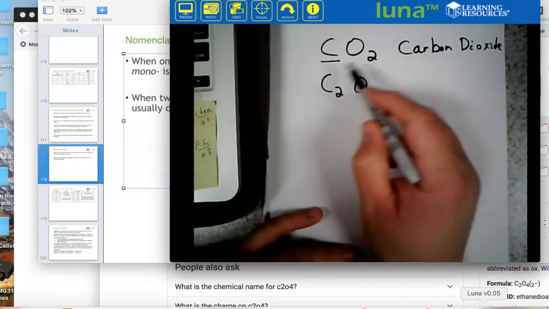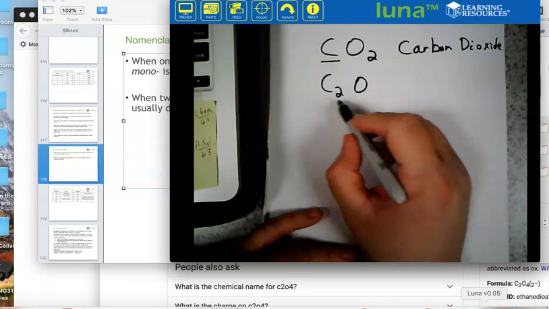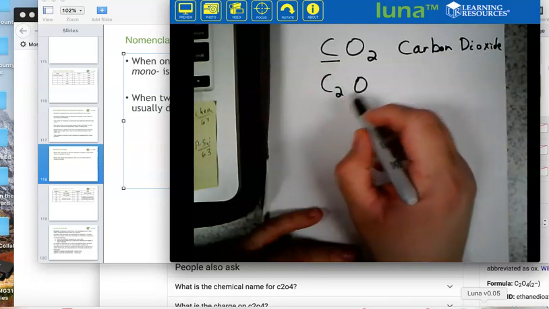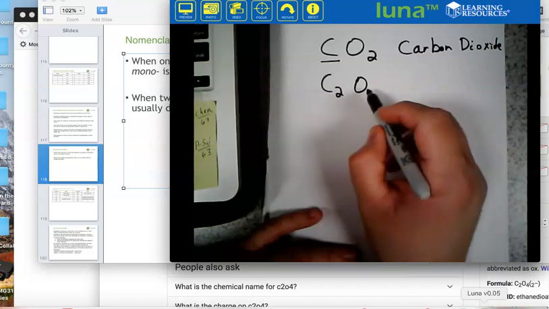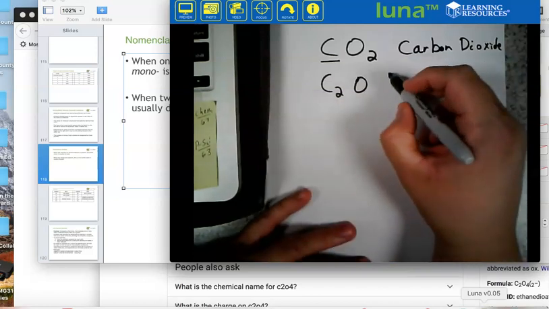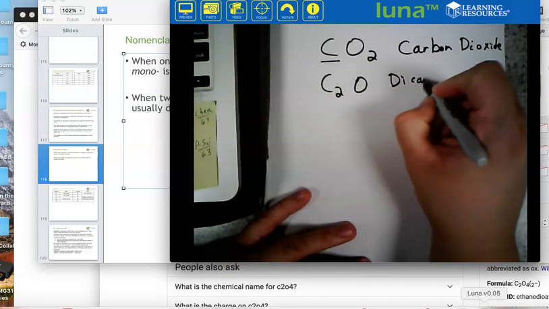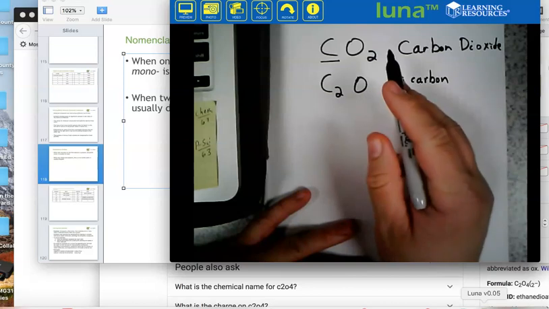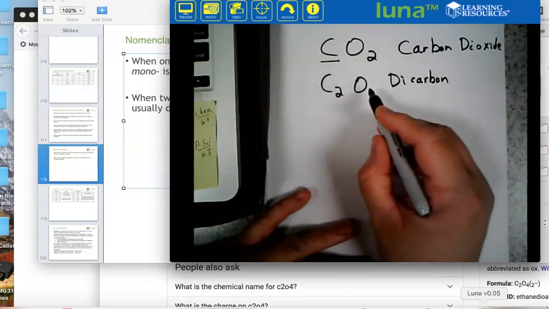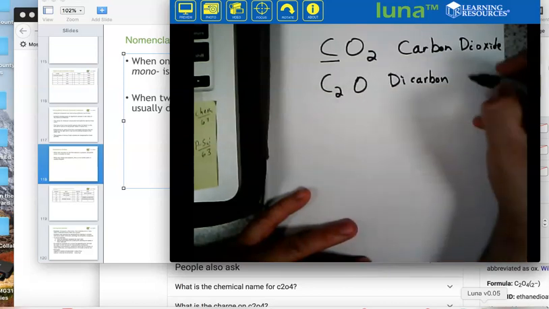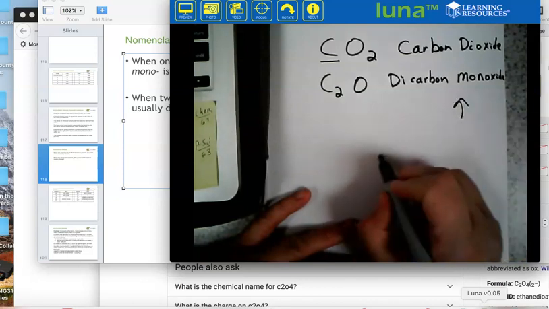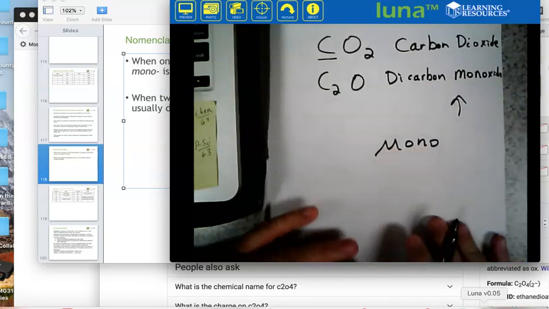All right, so comparing that to C2O. Because our first element has more than one atom of it, we're going to have to use the prefixes for that. So 2 is di, so this is going to be dicarbon. And there's one oxygen atom here, so we have to indicate how many oxygen atoms there are. So monoxide. All right, so remember our prefix was mono, okay?